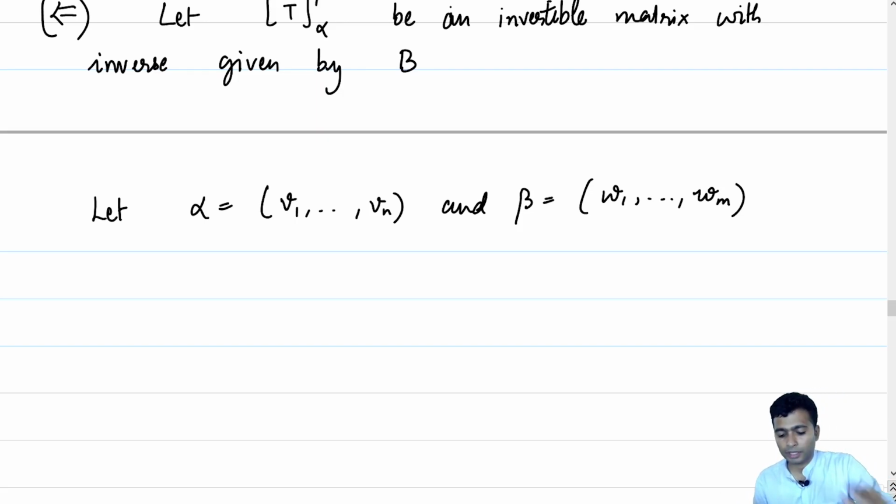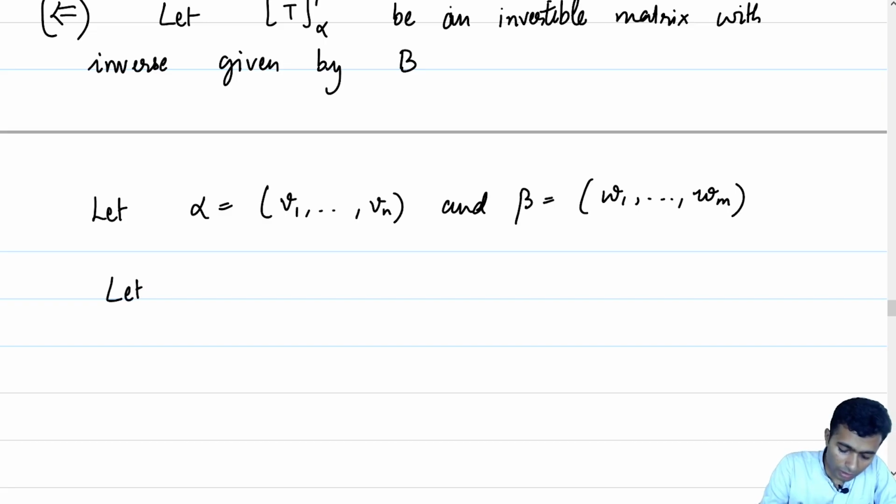So let alpha and beta be ordered bases of V and W consisting of V1 to Vn as the vectors in alpha and W1 to Wm as the vectors in beta. And we know that there is an inverse to the given matrix associated to T corresponding to these bases. So let us see what the entries of this matrix are.